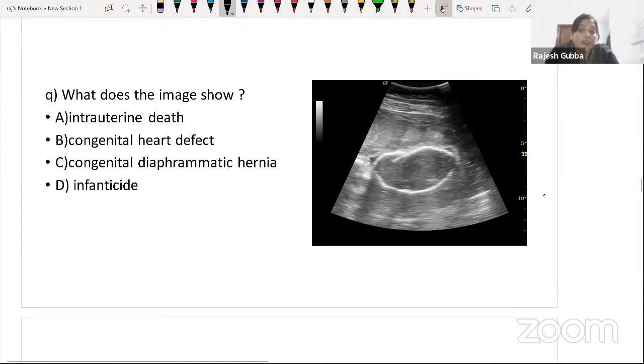Excellent. This is intrauterine death. And what you're seeing there is the overlapping of the skull bones, which is called Spalding sign. Very good. So this is a picture of intrauterine death.